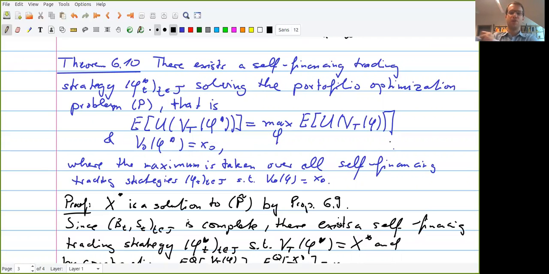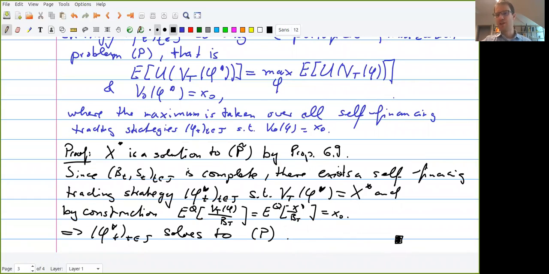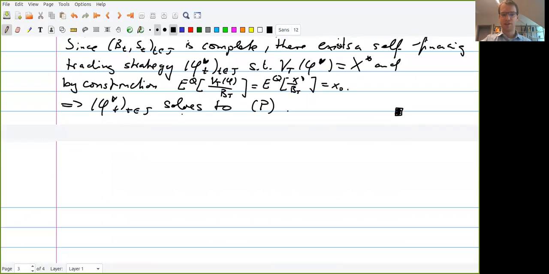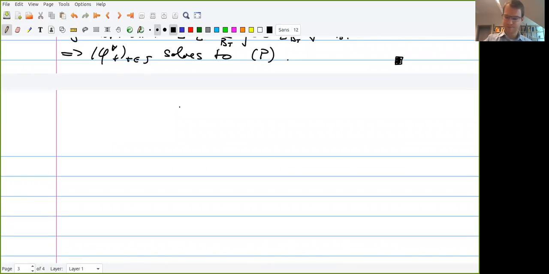Now we also, of course, want to understand, because this is more realistic, how can we solve this problem in an incomplete market? So in principle, this method can be extended a bit further to incomplete markets as well. But I want to develop a different approach, which of course also works in a complete market, but the motivation is now because we want to consider incomplete markets as well.